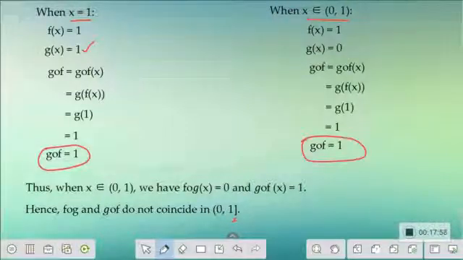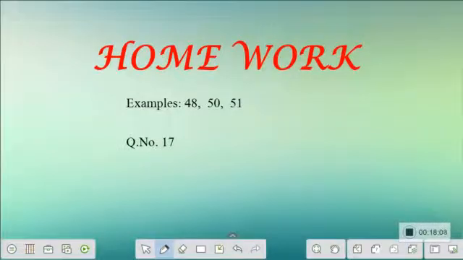So with this, I am concluding the session on relations and functions. You can try out your next problems as homework. There is one problem left out in the chapter. I am not discussing the binary operations because binary operations are not included for your board exam. So the problems based on binary operations are excluded in these sessions. You can check it out.